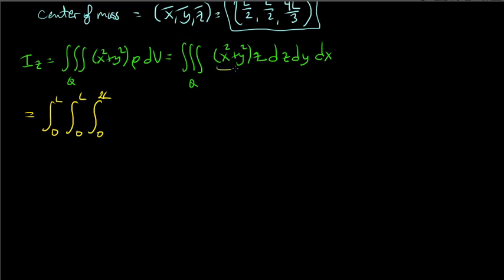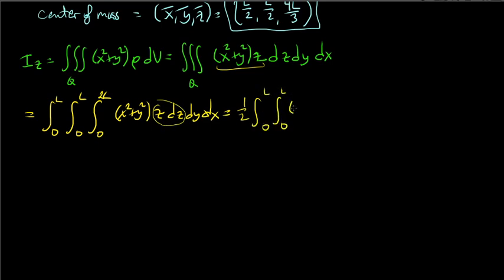We don't have to multiply it out. x squared plus y squared will just be a constant for now, and when you integrate z dz, you get 1/2 z squared, evaluated between 0 and 2L.